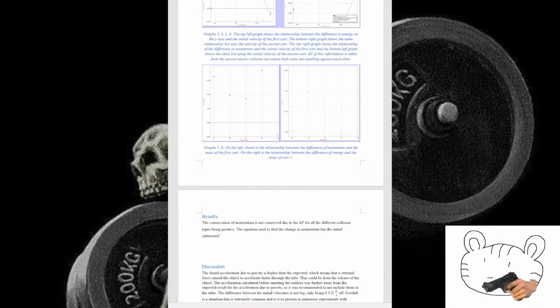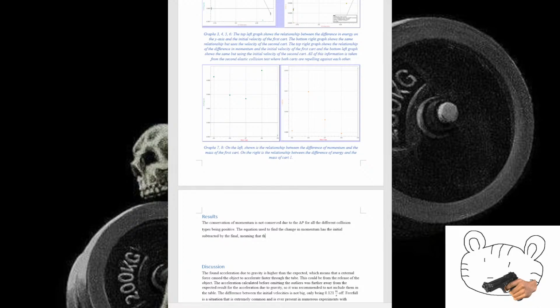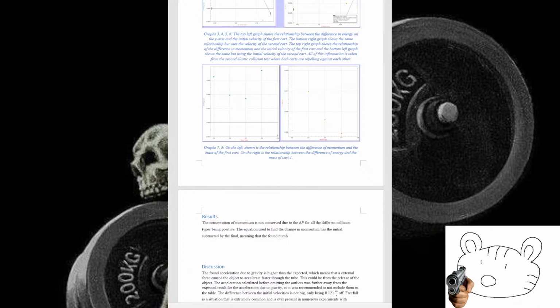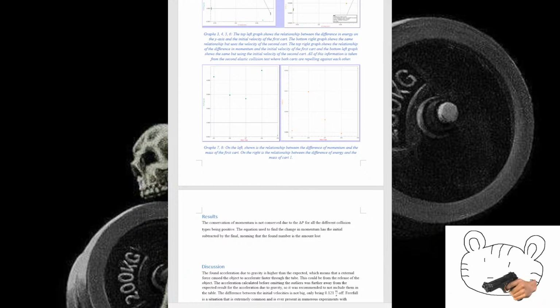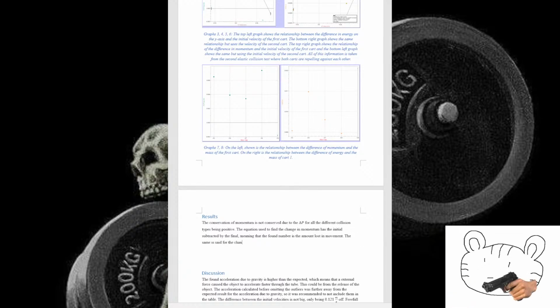Subtracted by the final, meaning that the found number is the amount lost in movement. The same is said for the change in energy.